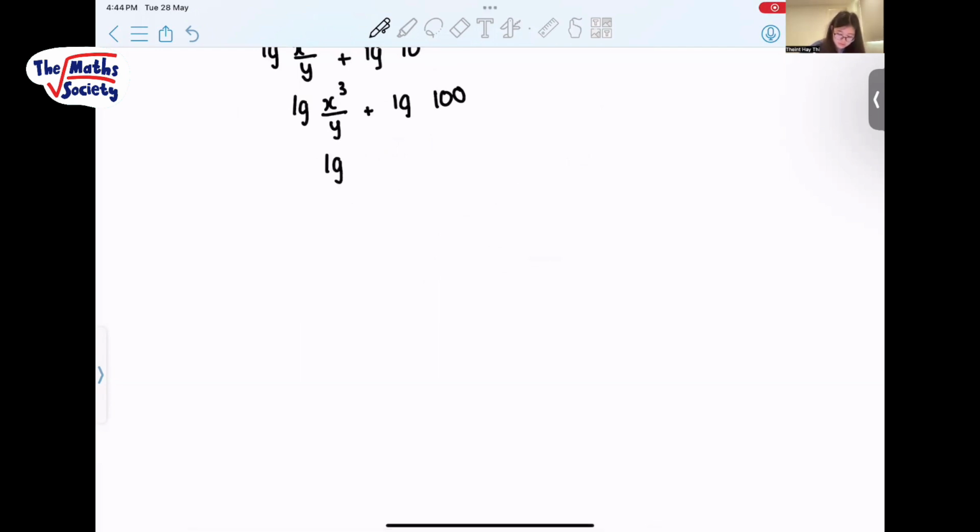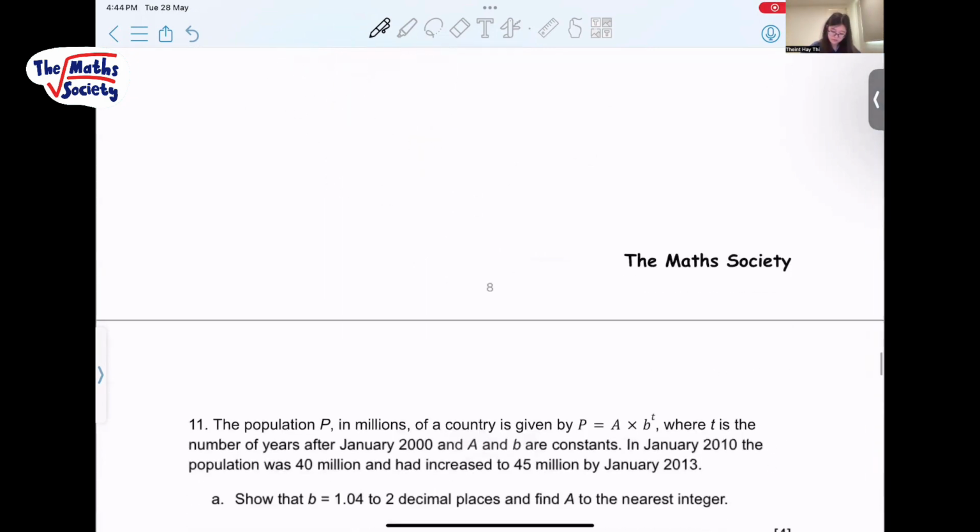Because it's plus and the same base, you can just multiply them. It's x cubed by y times 80,000. And then we'll go on to question 11.